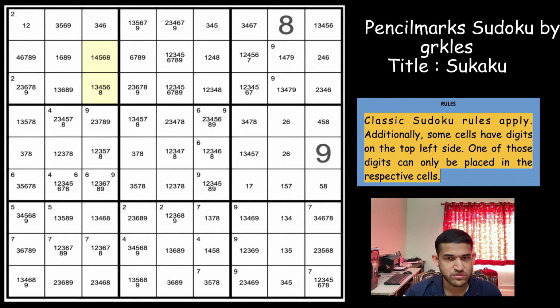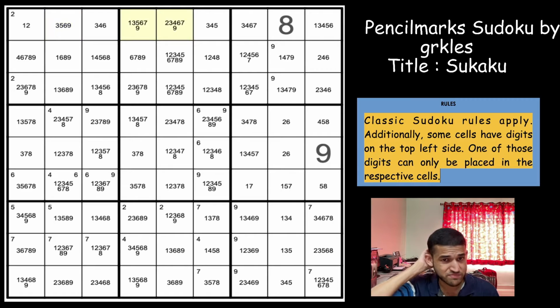What do I do now? That's the biggest question here. So 9 is in these three cells. That's something which we can use.